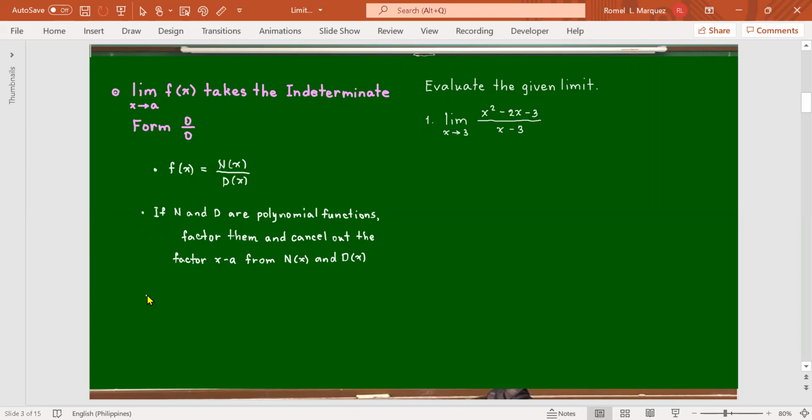What about if the numerator and or denominator contains, let's say, a radical, no? Especially square root.